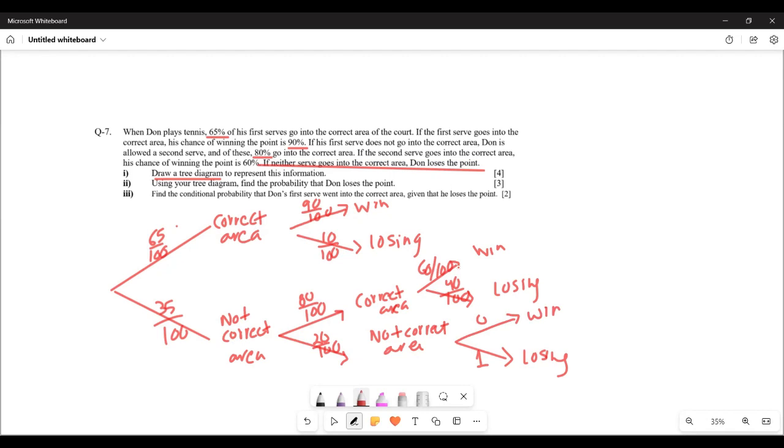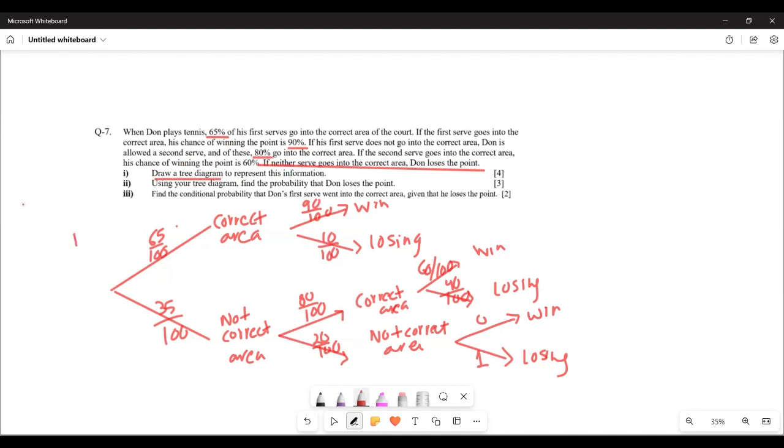So you can also write 100 upon 100. ठीक है? It's the last line that I've underlined is telling us कि अगर 2 दफा नहीं गया करेक्ट एरिया में, तो फिर उसने win नहीं करना, उसने lose ही करना है. So losing की probability हो गई 1 और winning की probability हो गई 0. Okay, draw a tree diagram to represent this information.